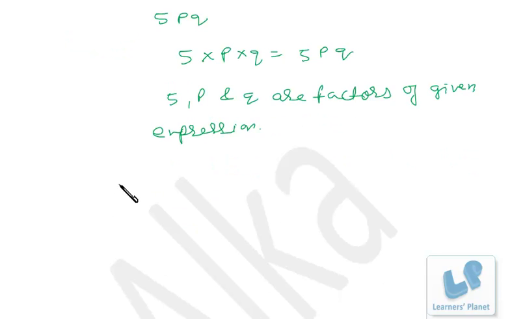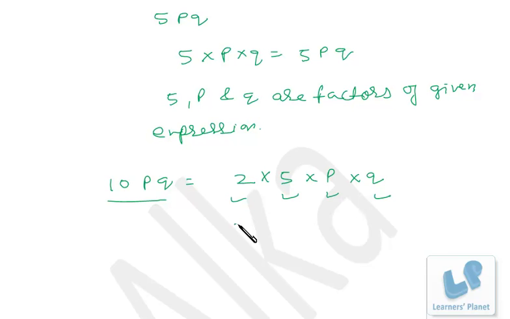Right? Suppose I take one more example, say 10pq. Now 10 can be written as 2 into 5 into this p into this q. Then 2, 5, p, q, all of them are factors of this expression.